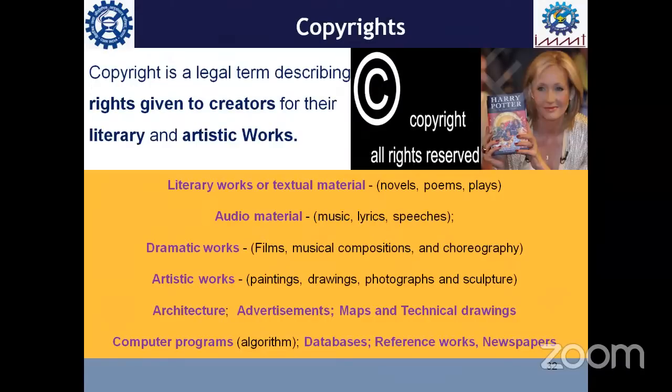Any kinds of works related to literary or textual materials, audio materials, dramatic works, artistic works, architecture, advertisements, maps, technical drawings, computer programs, databases, reference works, all these can go under copyrights. Lyrics, music, speeches, films, musical compositions, drawings, paintings, all these.